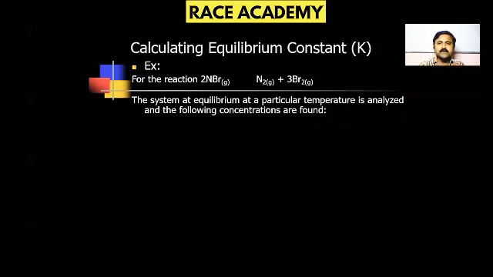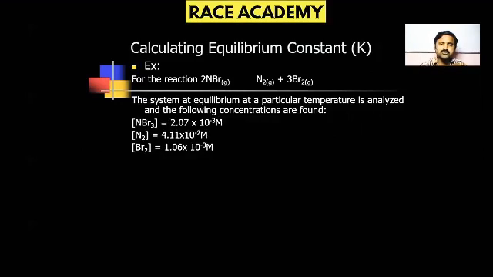The system at equilibrium at a particular temperature is analyzed and the following concentrations are found: the concentration of NBr3 is given, the concentration of N2 is 10 to the power of minus 2 molarity, and the concentration of Br2 is also given, 1.06 times 10 to the power of minus 3.